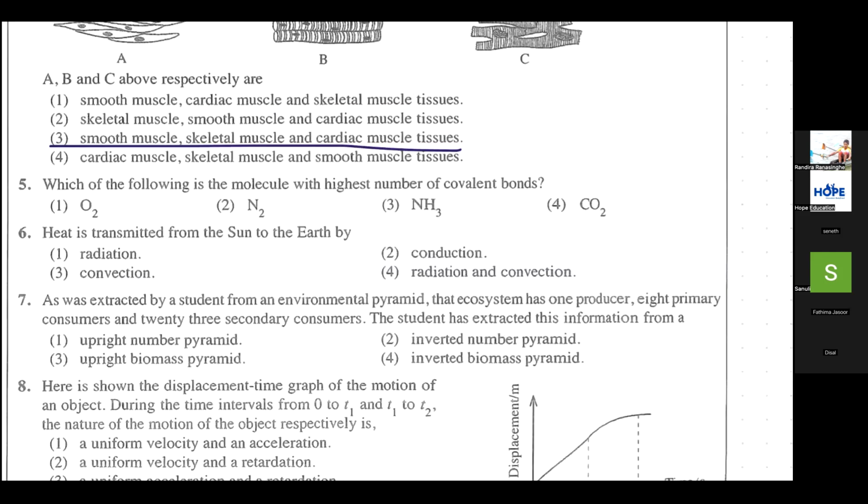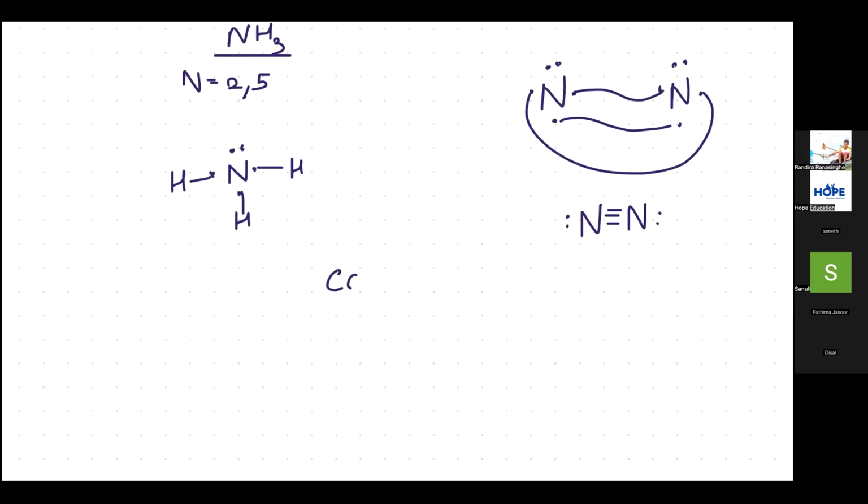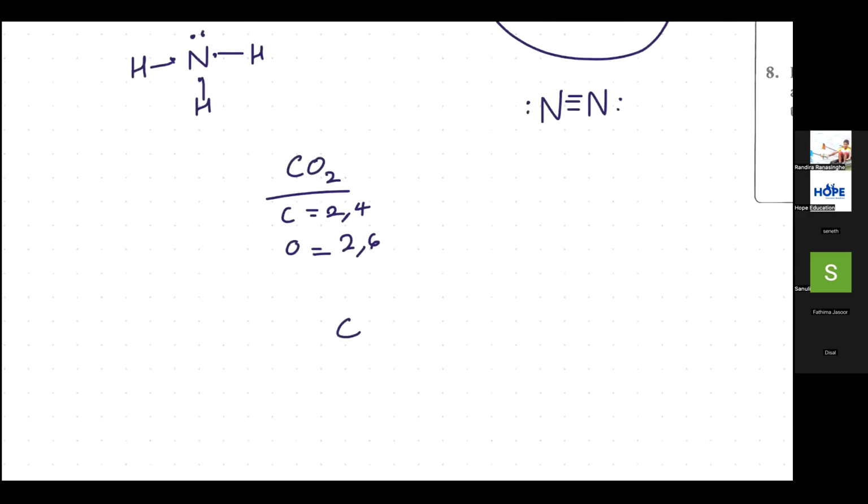CO2. How many covalent bonds are there in CO2? We know carbon electronic configuration is 2, 4, oxygen electronic configuration is 2, 6. If you take a carbon 1, 2, 3, 4. If you take one oxygen, 1, 2, 3, 4, 5, 6.